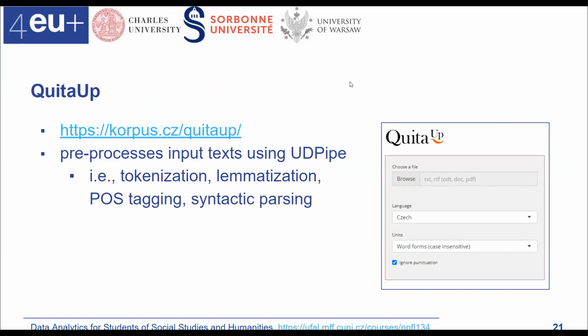Quitup is a procedure developed here in Prague in the Institute of Czech National Corpus at the Faculty of Arts. It is a tool to measure style of text, and this procedure pre-processes input text using UD pipe.